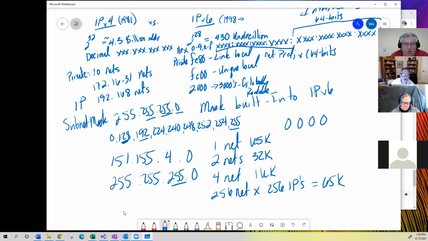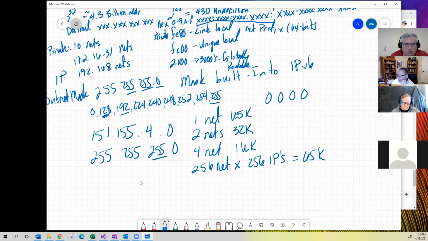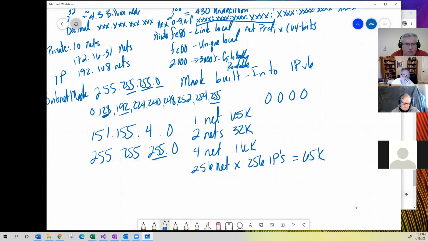Okay, well, with that, in an IP version 6 address, see how these IP addresses were changing here, 65,032, 16, down to 256 IP addresses?